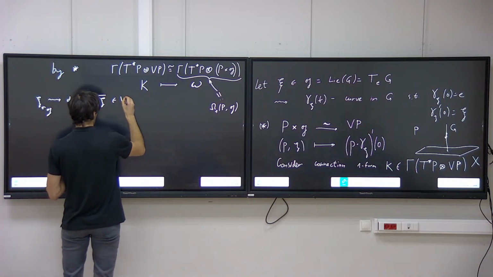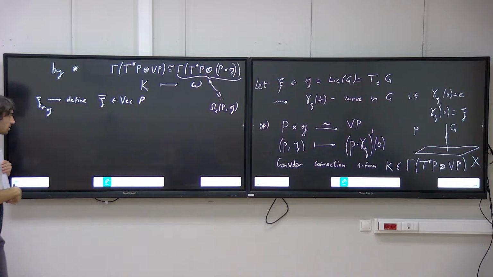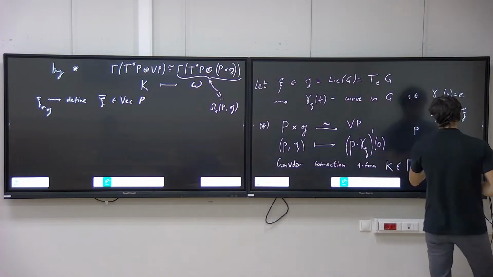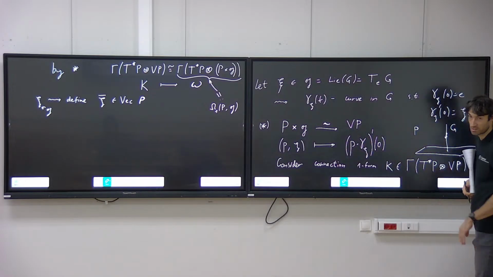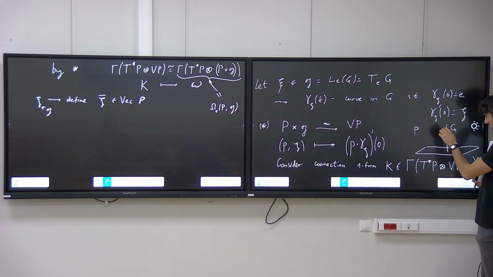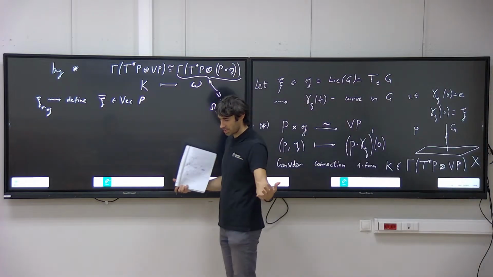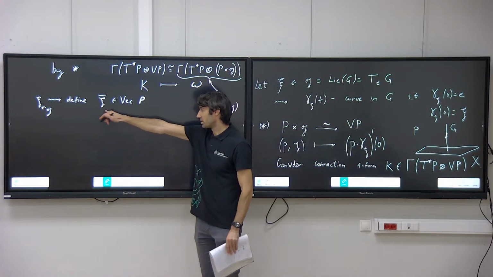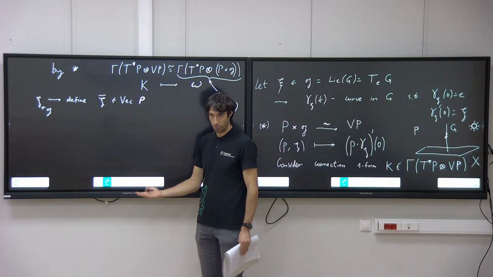This will be an element of vector fields on P. And this just follows this picture. Nothing non-trivial happens, right? So at each point I have a very small action of G along fibers, which gives me a tangent vector along the fiber at each point. And I'm just collecting all these tangent vectors, and this will be my psi bar. This will be a vector field on P.